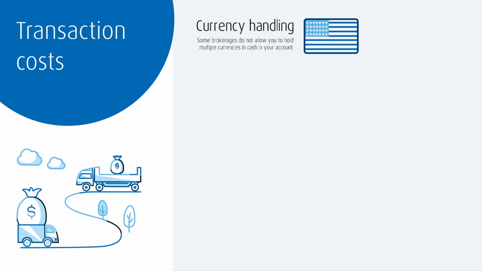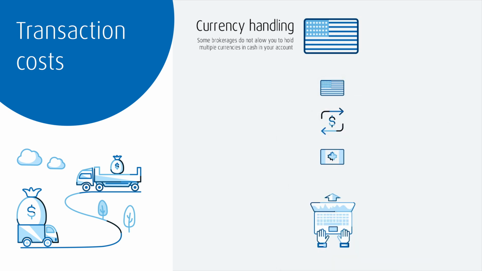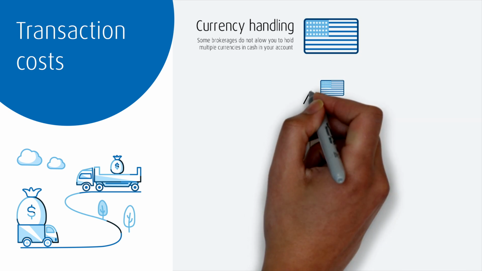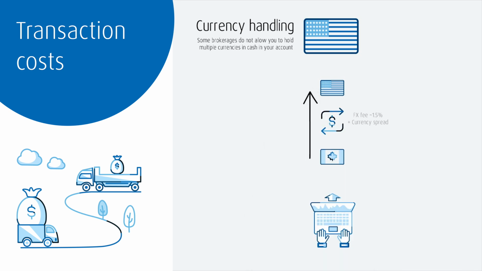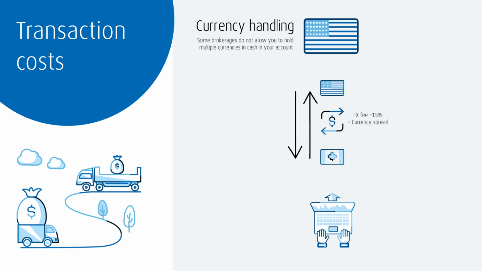In those cases, if you want to buy a US listed security, you might be required to convert Canadian dollars to US dollars first, which would incur a foreign exchange conversion fee, which might be around 1.5%, in addition to the foreign exchange spread. And when you wanted to exit your trade and sell, again, you might be forced to take the US dollar proceeds and have them converted back to Canadian dollars. This would again incur a foreign exchange conversion fee of another 1.5% on top of the foreign exchange spread.